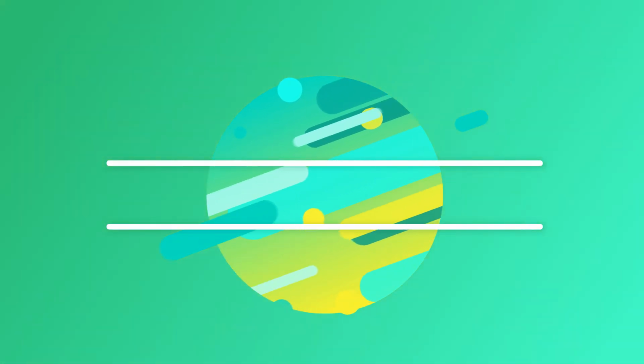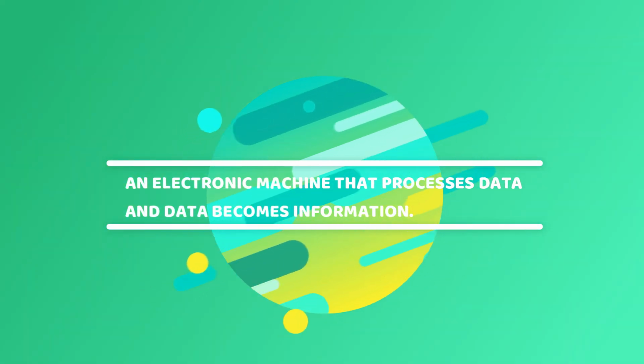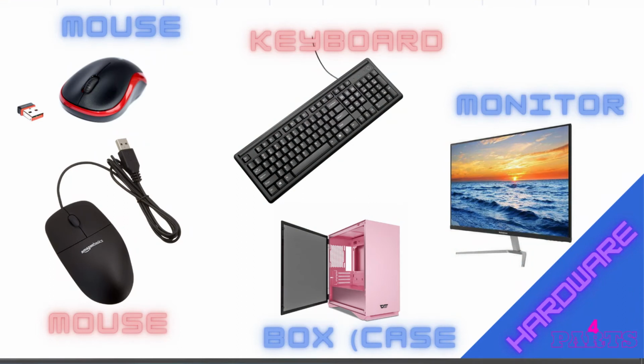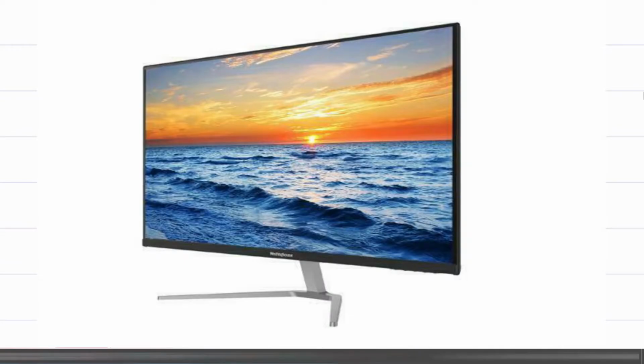Again, a computer is an electronic machine that processes data. Data becomes information. To have a computer, you need at least 4 components: mouse, keyboard, monitor, and the case. Out of those 4 components, 2 are input devices, mouse and keyboard, and 1 is output, which is the monitor.